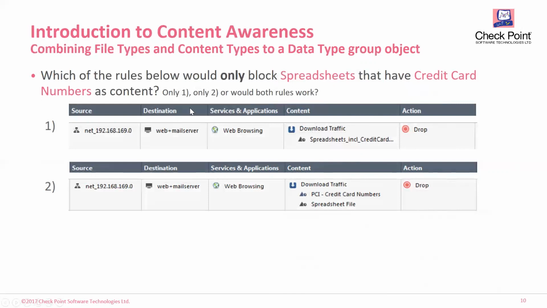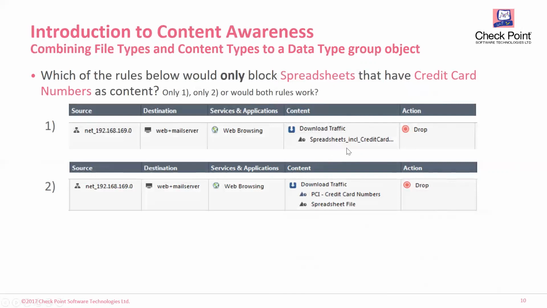So only number 1 would work here, because in number 2, when you put in 2 content types within content, you're saying OR. So we're going to block PCI credit card numbers or spreadsheet files. Either one of those gets hit, it's getting dropped. You don't actually want to put multiple content types within your content rule.